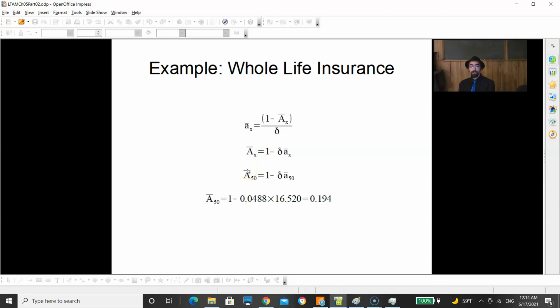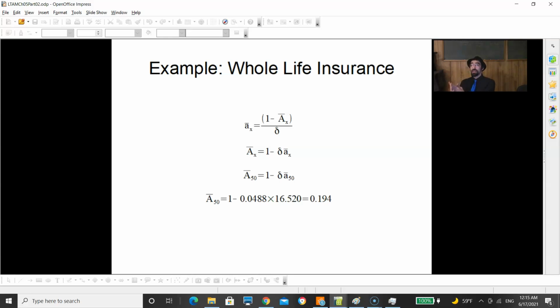What if we wanted whole life insurance? Well, remember how with variance we said, okay, we can easily get variance of an insurance and use the annuity insurance formula to get variance of an annuity? Now we do it the opposite way. We can use the Woolhouse approximation to get continuous annuities. A continuous annuity is an integral.